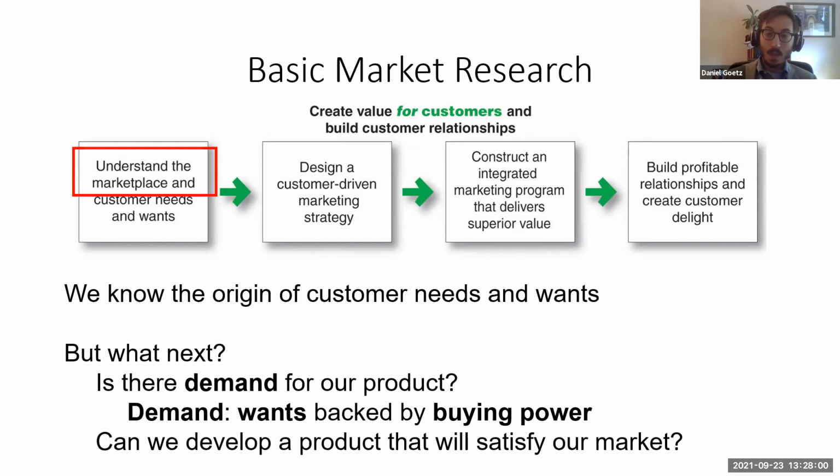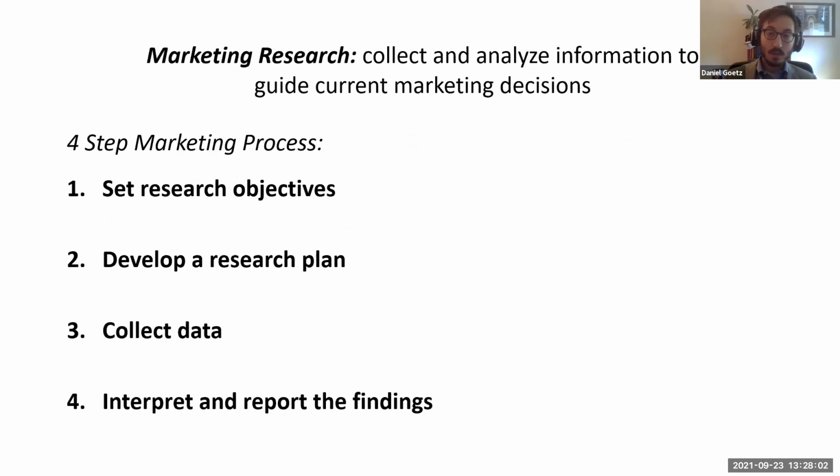And it fits into a more general framework of marketing research. Marketing research is the process where we collect and analyze information to guide current marketing decisions. Last class, we talked about a particular kind of research, doing a SWOT analysis or the growth share matrix. Those were both types of research.